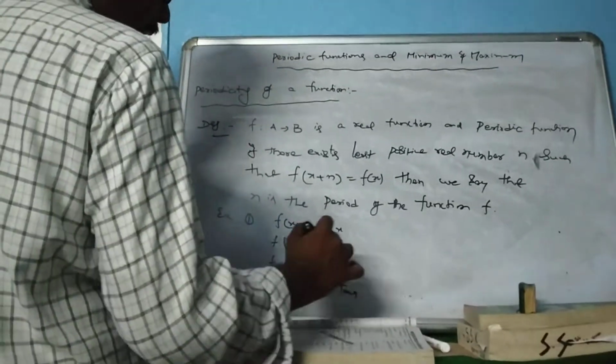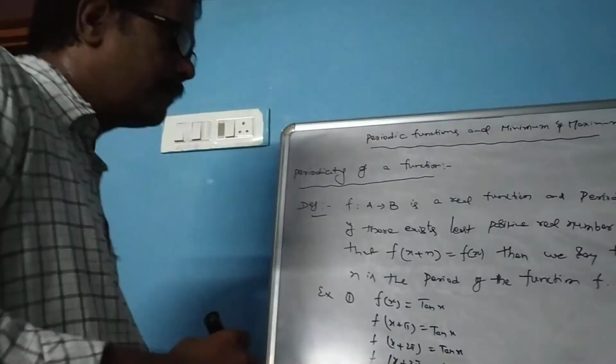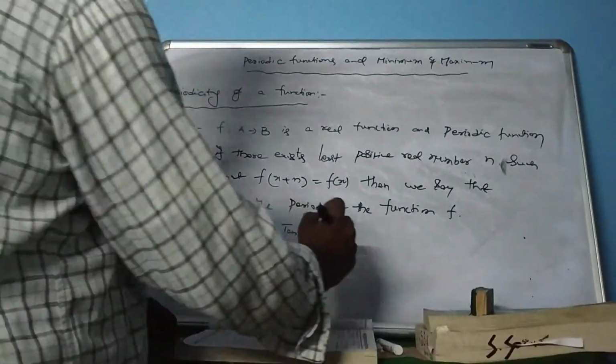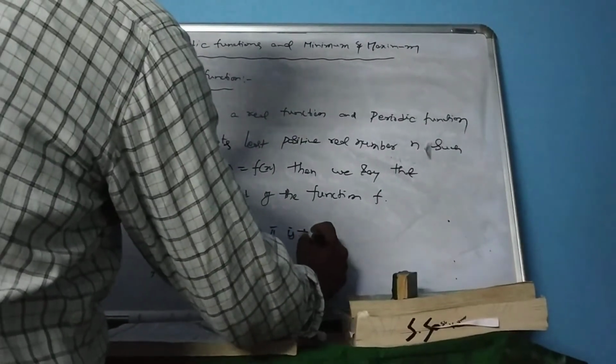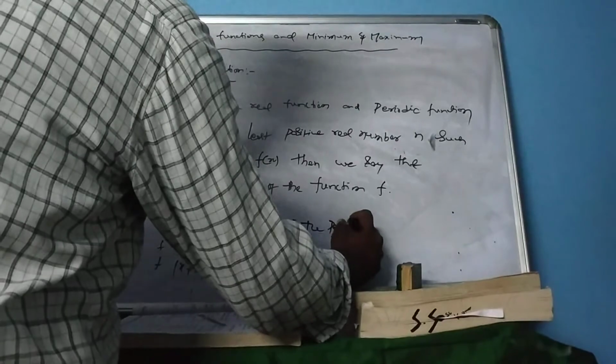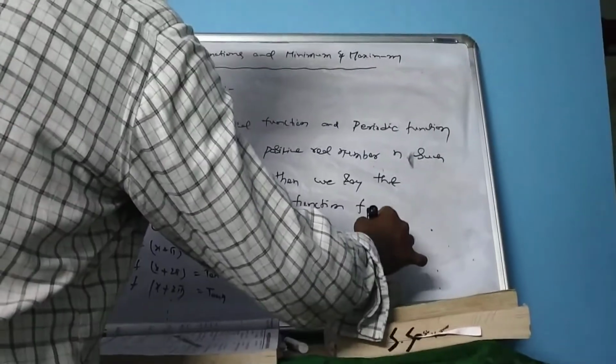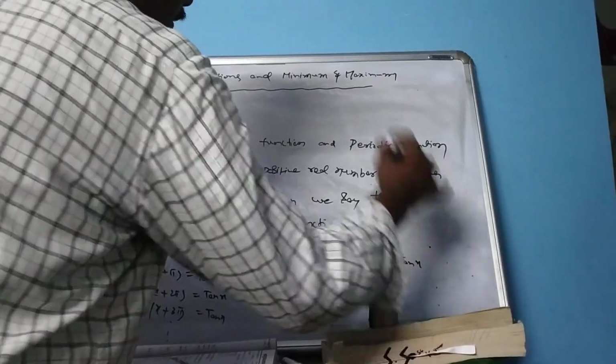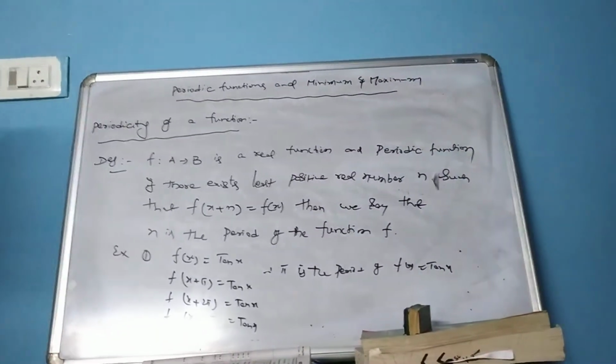Continuing like this. Therefore, here pi is the least, so pi is the period of f of x is equal to tan x.